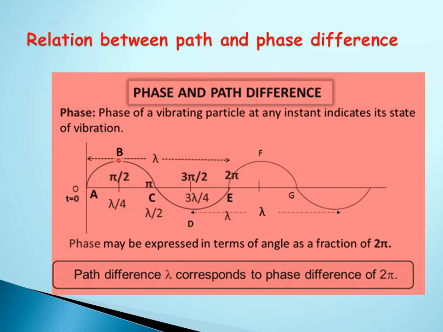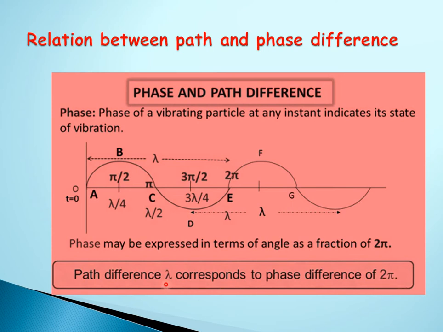It's a sine curve, sine 90. Then sine 180, 0 again. Then 270, opposite direction maximum amplitude. Then 360, again 0. So you can see that the path difference lambda corresponds to a phase difference of 2 pi. Remember only that.